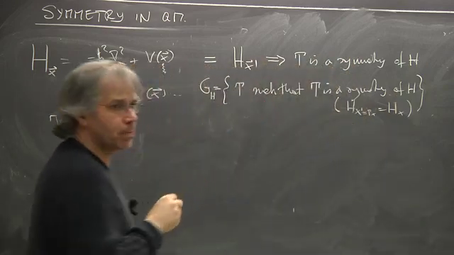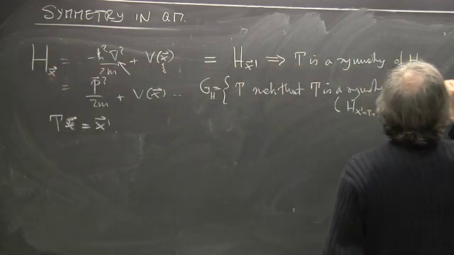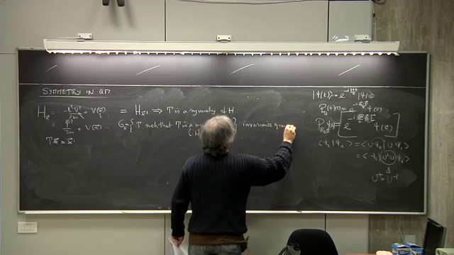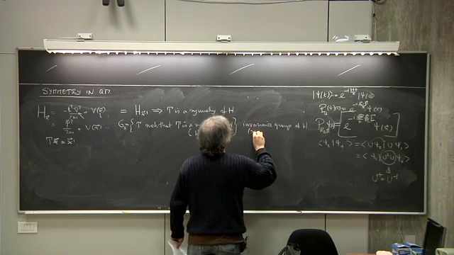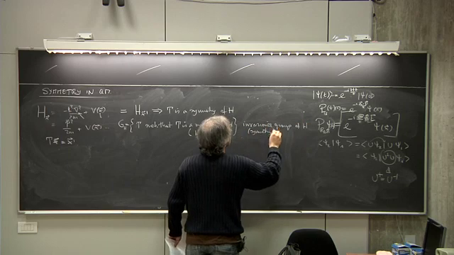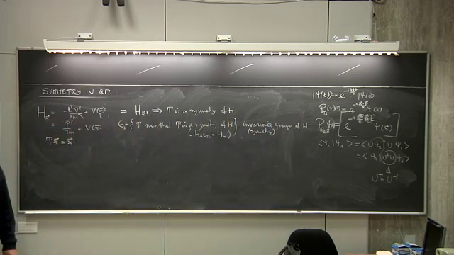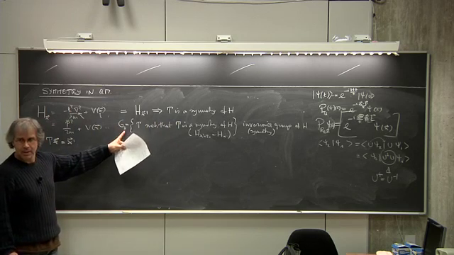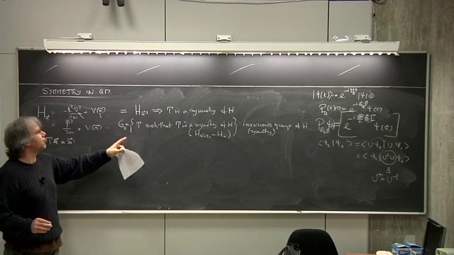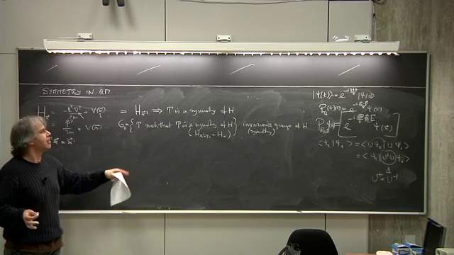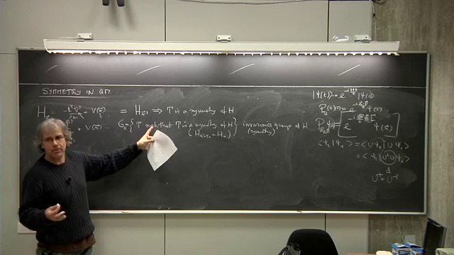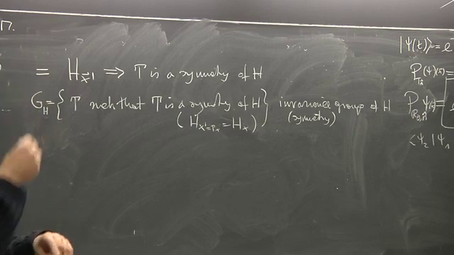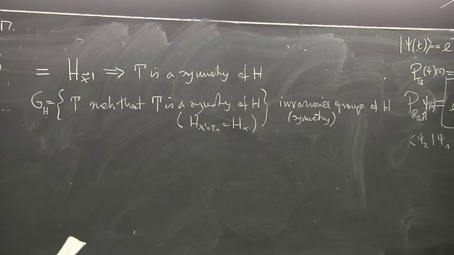Then this object forms a group, and this is called the invariance group of H, or symmetry group of H, okay? Now, here you have a name. Okay. It depends on the Hamiltonian, okay? Because all possible rotations or translations do not necessarily fulfill this thing, okay? There might not be symmetries. But if you find symmetries, they certainly form a group, a subgroup of all possible transformations, okay?